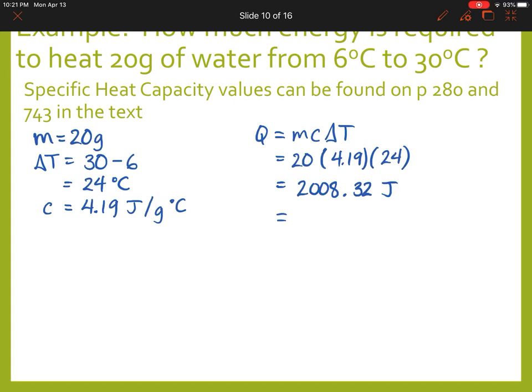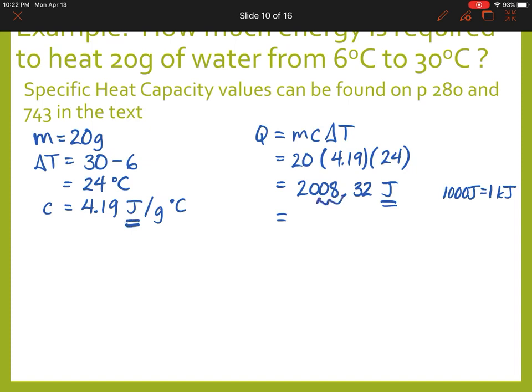Okay, so when we move on, one of the things we're going to see is a lot of our answers in kilojoules, not joules. So 1,000 joules is equal to 1 kilojoule. But over here, our Q is also always going to be in joules because our specific heat capacities are given as joules per gram per degree Celsius.